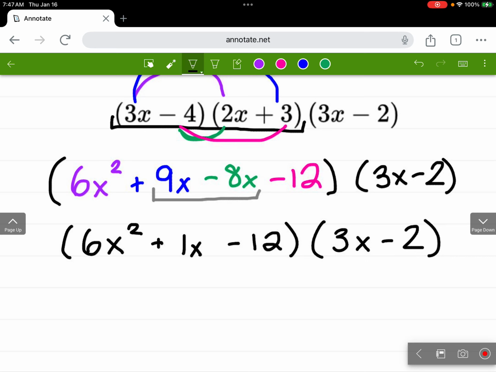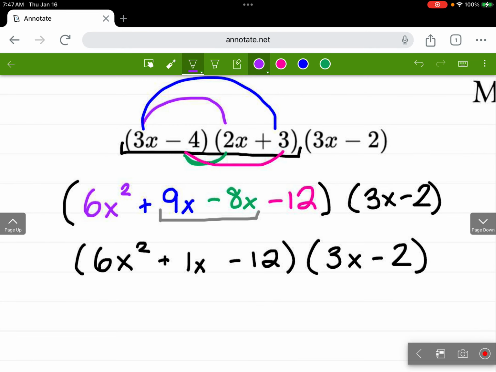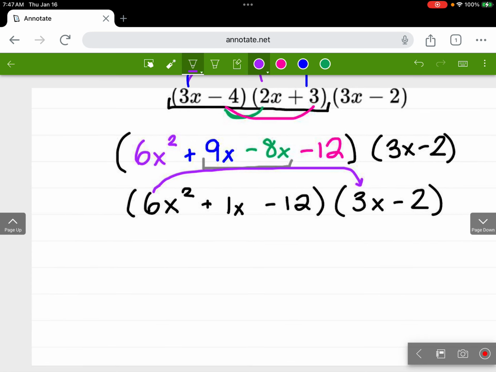And then we get to do that whole process again, getting all of these pieces to multiply against these pieces. And I put those very close together, so I'm going to wind up overlapping a bit here, but that's okay. So then we're going to take our 6x squared times 3x. 6 times 3 gives us 18.